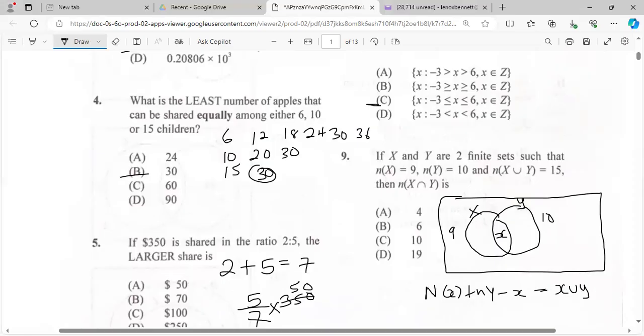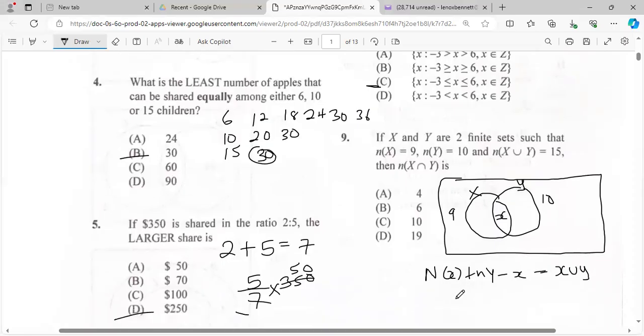Now, if we put in the numbers, it will make sense. So we have 9 plus 10 minus x. What was it again? 15? 15. So that gives you 19 minus x, and that equals 15.